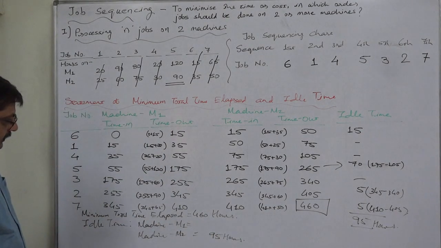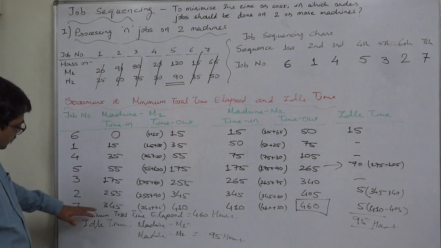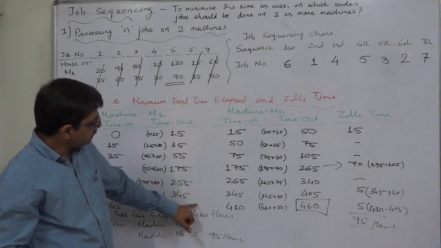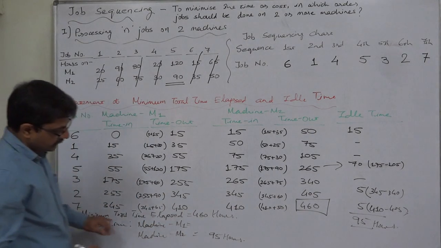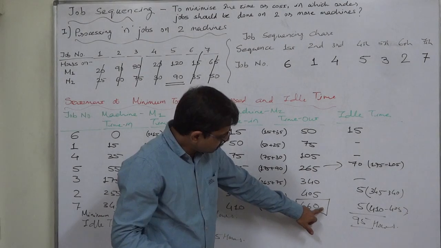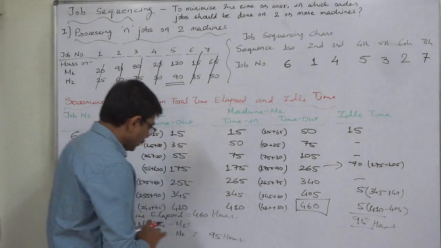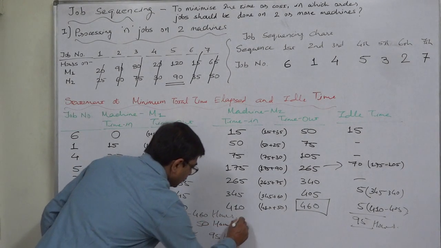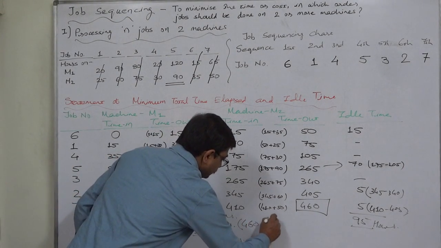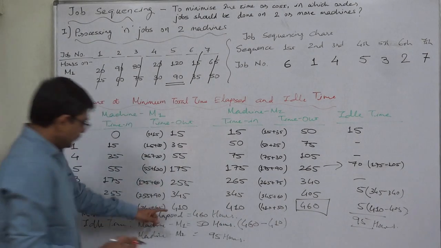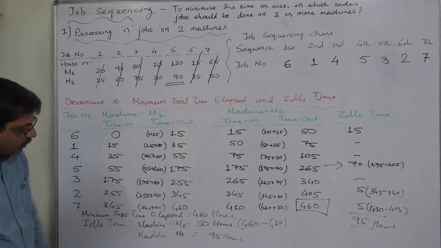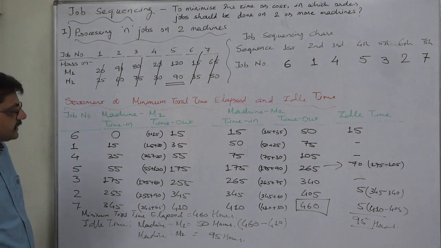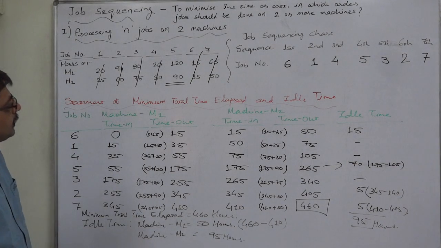Now a very strange point: machine 1 remains empty for 50 hours after completing job number 7, till machine 2 completes job number 7. So in that case it is 50 hours, that is total time elapsed minus the time out of the last job on machine 1. So in this way we can prepare this very simple statement showing the minimum total time elapsed and idle time.